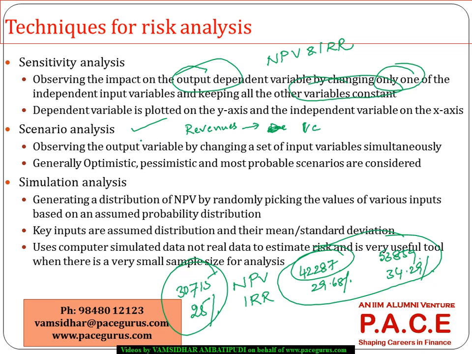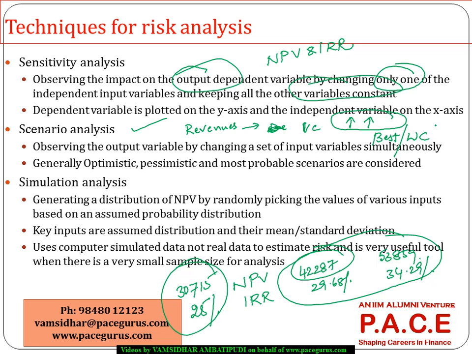Change multiple input variables together based on the economic situation. Let's say if the revenue goes up, probably the variable costs also have to go up, or something else might have to change. So change them as a package, and create the best case scenario. If the economy is very good, what could be the numbers for all the input variables? What is the worst case scenario?